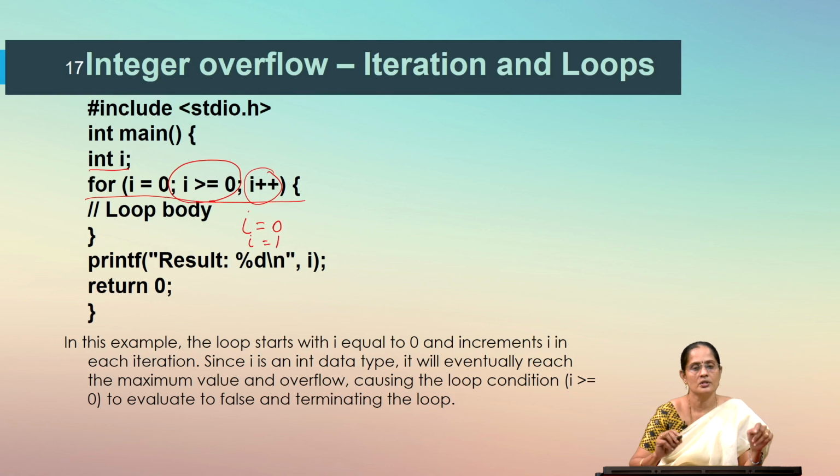If the condition of i being greater than or equal to 0 is always true, the value of i will not be able to accommodate the maximum range, because there is a limitation for the i value: it is defined as int type. It can go only up to the maximum of the range that int supports.